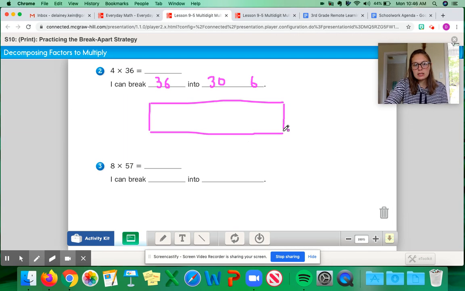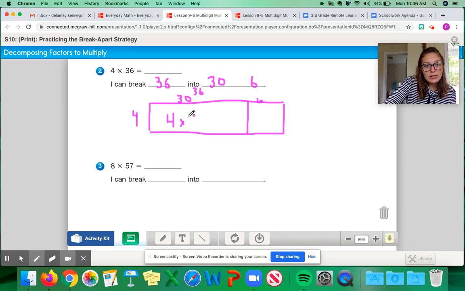So if I draw my partitioned rectangle, oh look, I'm getting better at drawing rectangles. Not bad, Miss Kine. All right, we have 4 on one side, and then 36, which, remember, is being broken up into 30 and 6. My equations, we have 4 times 30, 4 times 6.